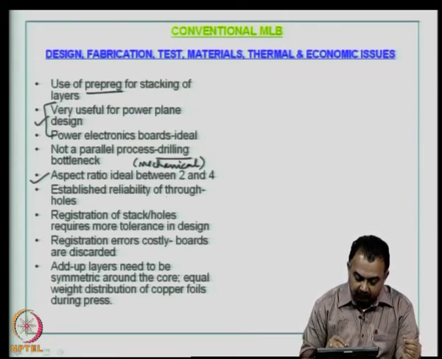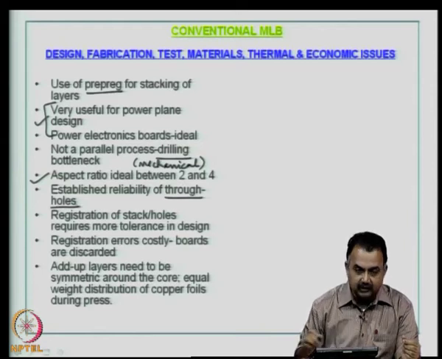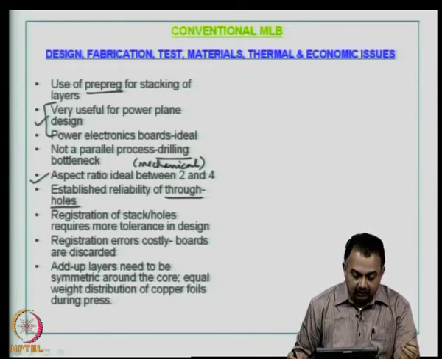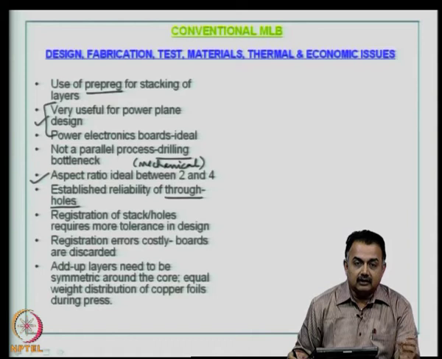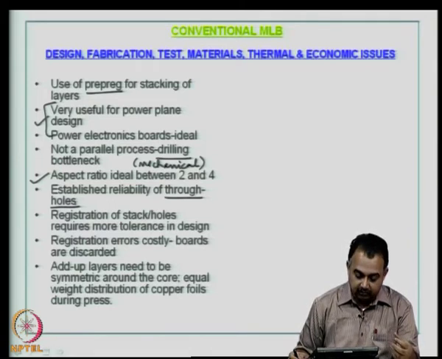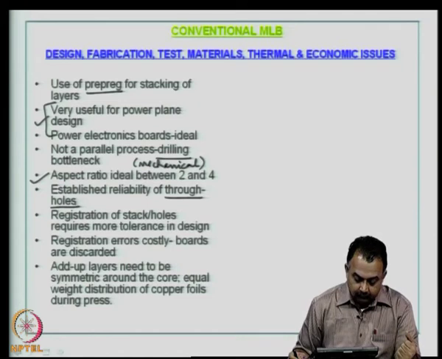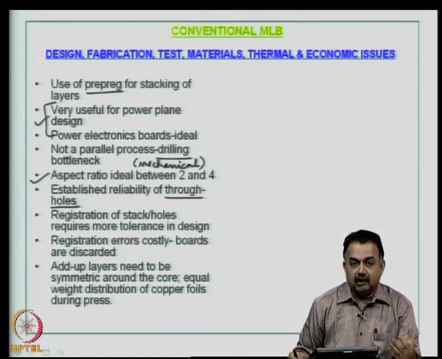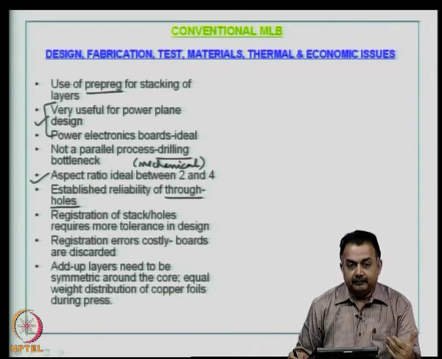So, we have seen how a through hole is manufactured and plated and quality checked. The key to your conventional board is the reliability of the through hole, because sometimes if the aspect ratio is high, you cannot really guarantee the reliability of a through hole. And through hole means you are mounting certain through hole components apart from the surface mount devices.